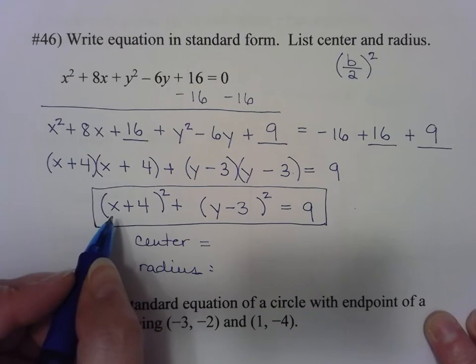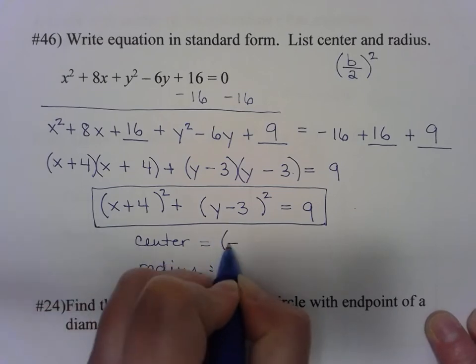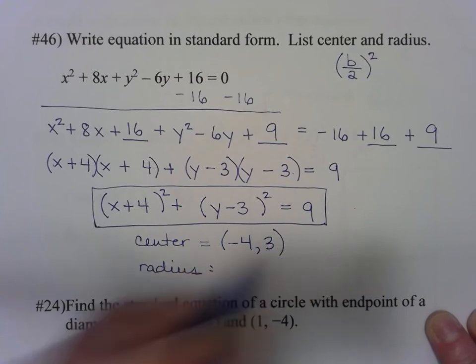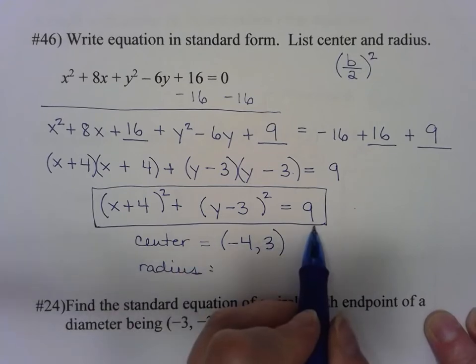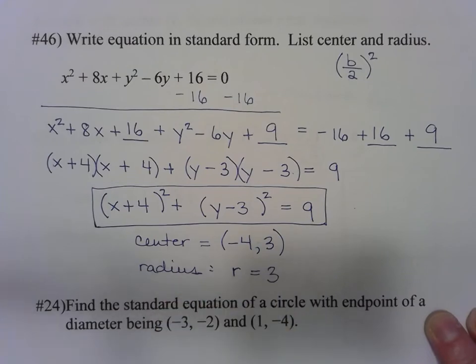Remember that the negatives are built in, so you could think of this as x minus negative 4. So the center will be negative 4, comma 3. And this is the radius squared, so the radius must be 3.